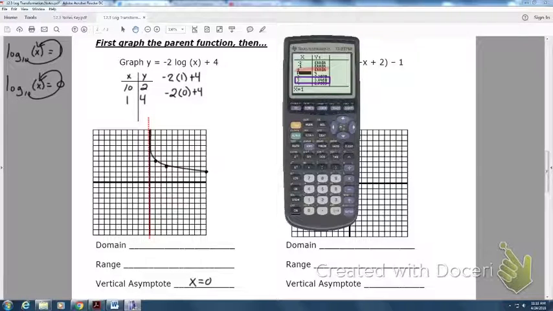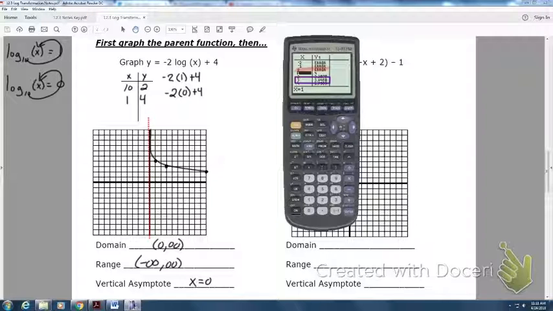All real numbers. What would my domain for this be? 0 to infinity. That is going to be your domain. On the next one we have the reflection over the y-axis, but we're going to take it off because we don't really have to deal with that. So it is always going to be your vertical asymptote to infinity.